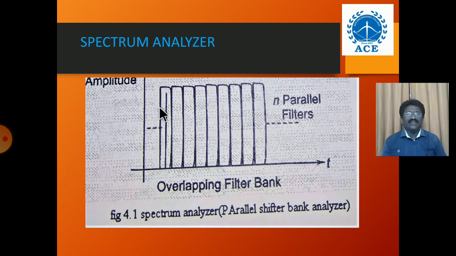So actually this is the overlapping filter bank. Here we are taking filters from 1 to n, and every value overlaps into each other. For wideband narrow resolution analysis, particularly at RF microwave signals, the swept technique is preferred.